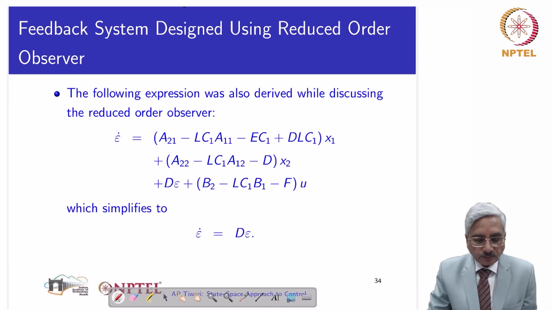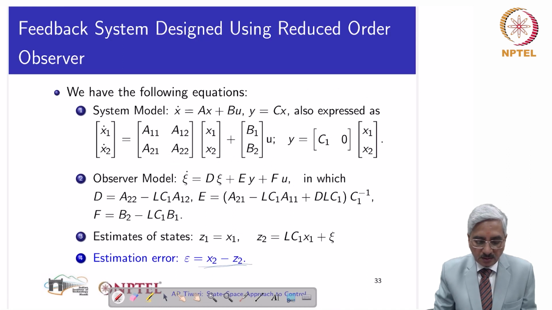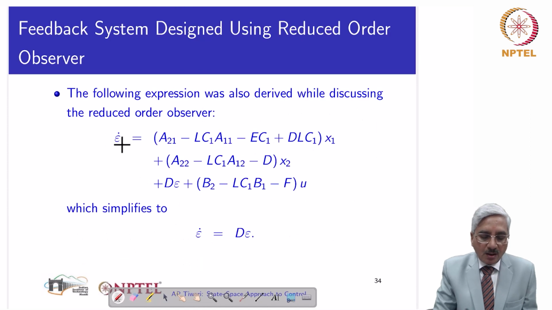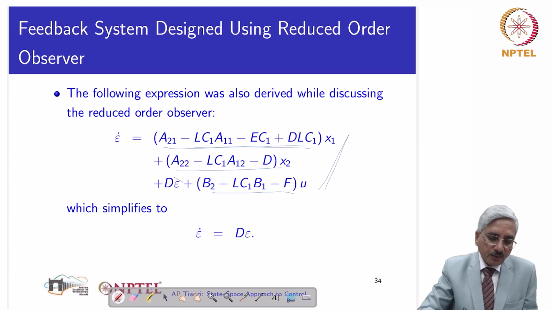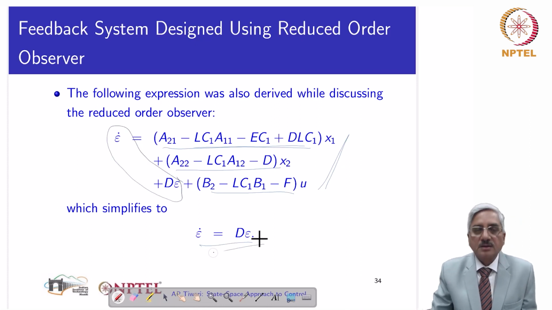Of course we had seen that the estimation error epsilon dot was derived as this, and because this was to be 0 separately, we are only left with xi dot equal to d xi, which is here.